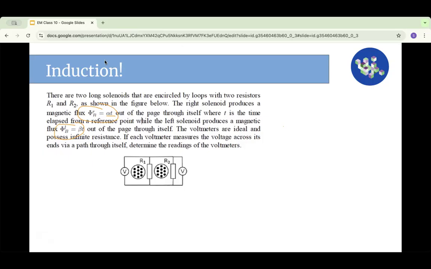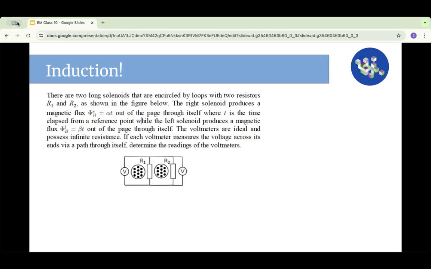If the flux is increasing, let's look at the right solenoid. The flux is increasing out of the page. That means there's going to be an EMF induced that will try to oppose the change in flux. So we have a flux coming out of the page.